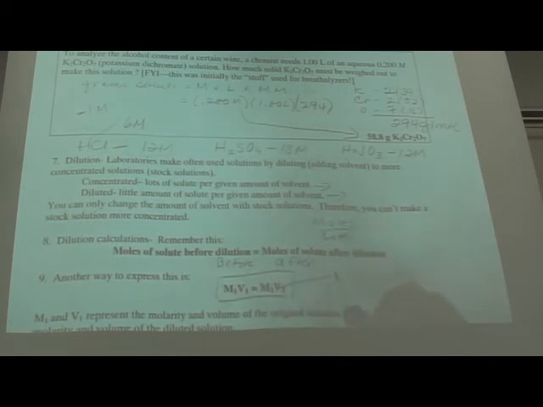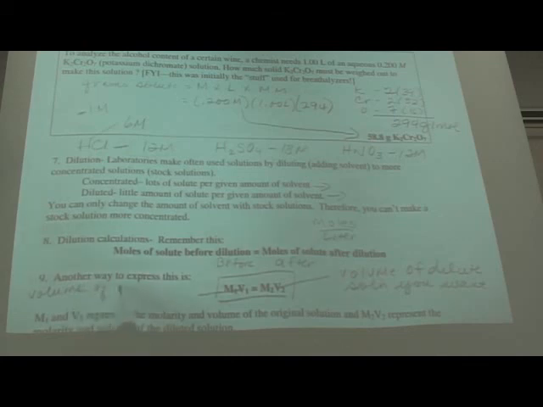So this would be the volume of dilute solution you would like, and this volume is the volume of the concentrated solution you need to make the dilute.